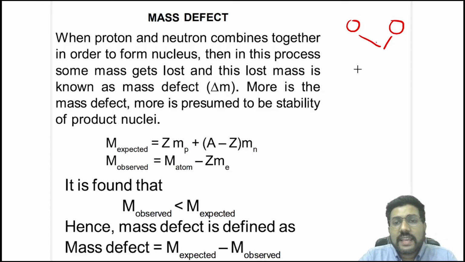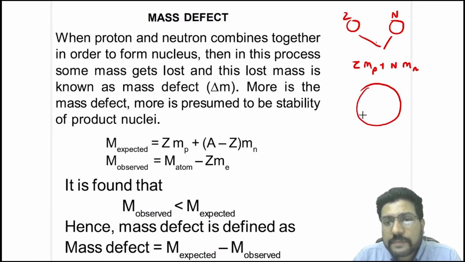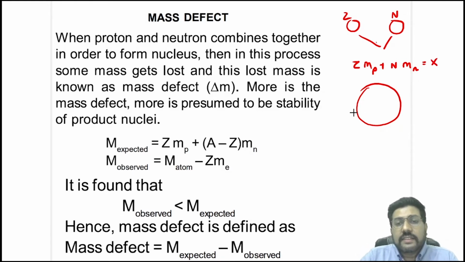So what I'm saying here is, suppose you have Z protons and N neutrons, right? Then the total mass should be Z into mass of proton plus N into mass of neutron, right? But now this is combined into a nucleus. Suppose this mass is X. Then when this is combined into a nucleus, you have Z protons and N neutrons inside the nucleus.